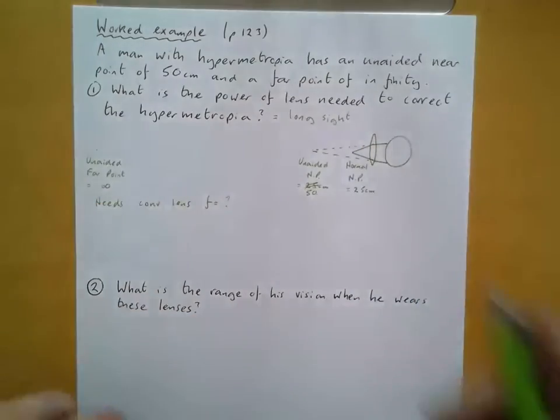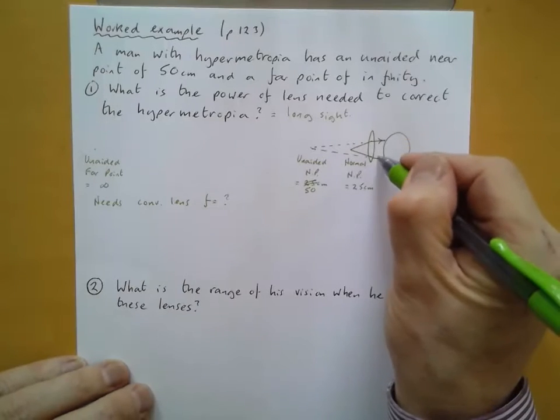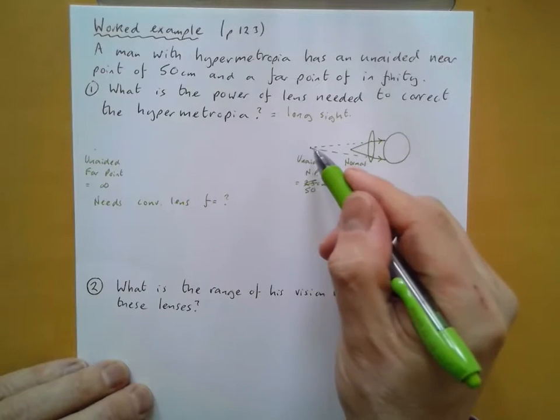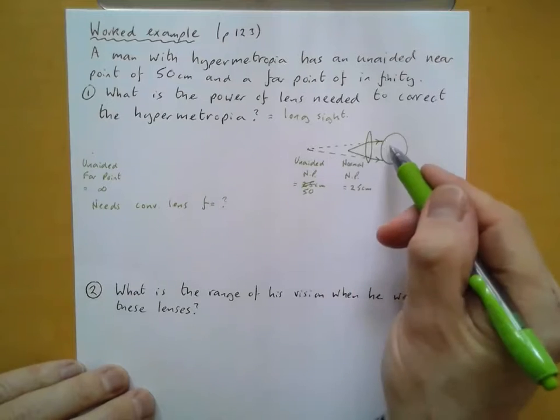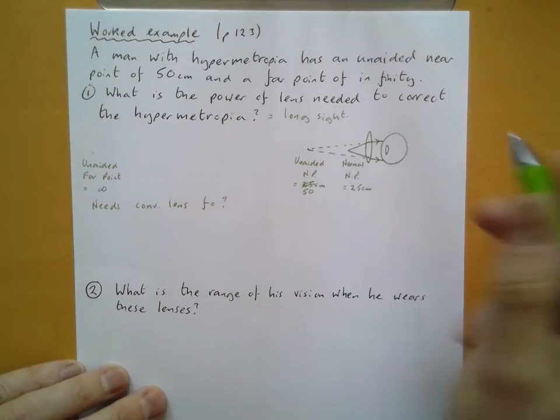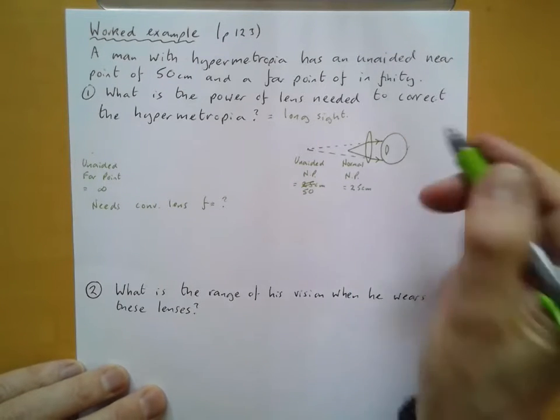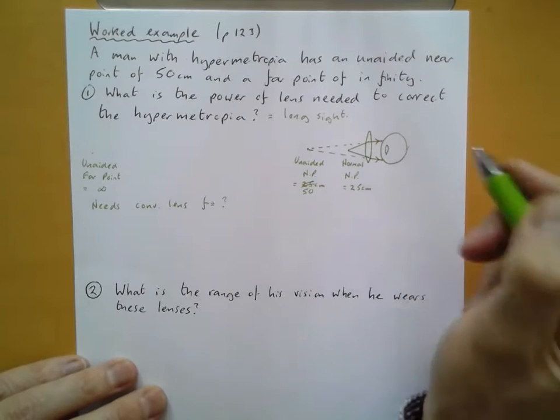Like that. And if the rays of light appear to come from his unaided near point, then his eye lens can deal with those and bring them to a focus at the back of the eye.